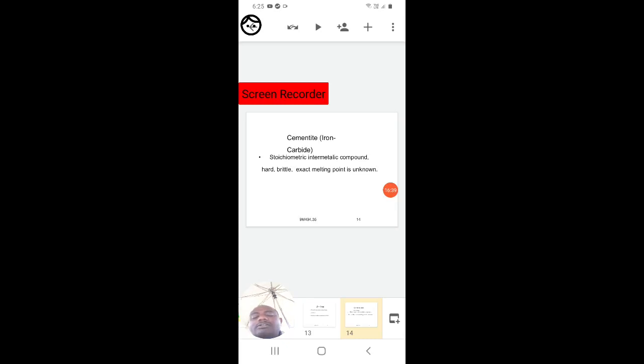At 6.67 percentage the constituent formed is called cementite.